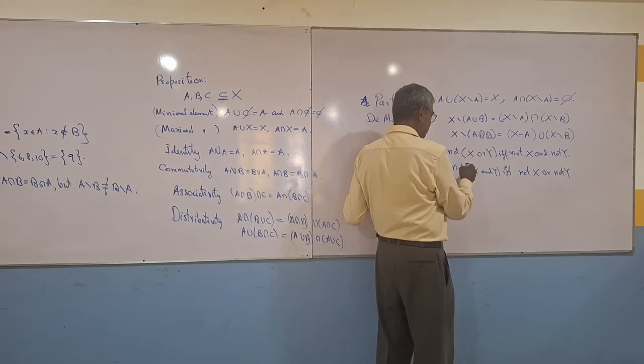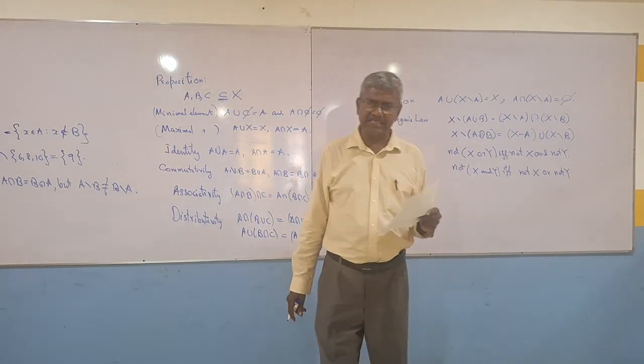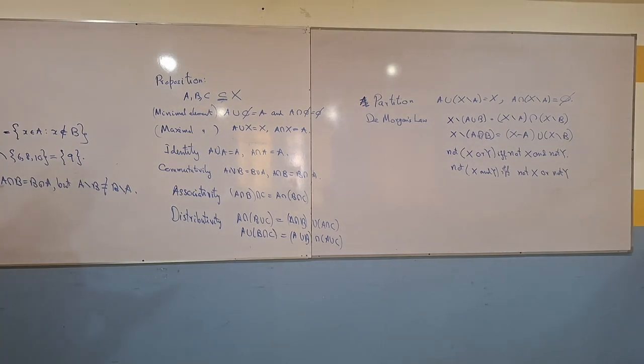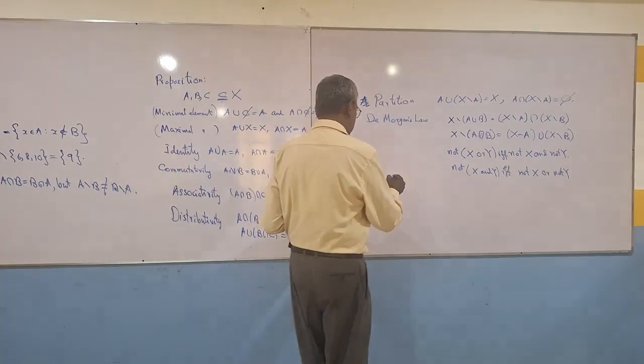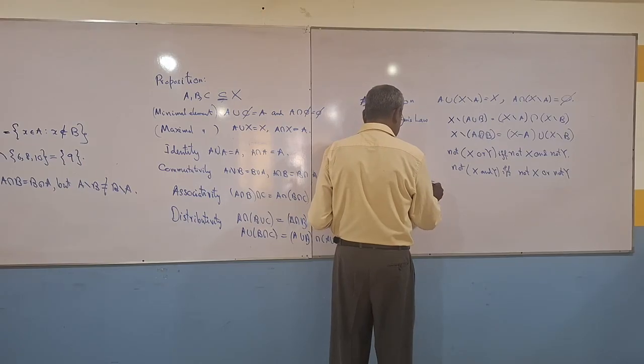There is also something called generalized De Morgan's laws. I will do it someday before the course is over, when that kind of thing is important. And proof: the book says exercise. I also said the same thing. I don't think anything here is difficult.